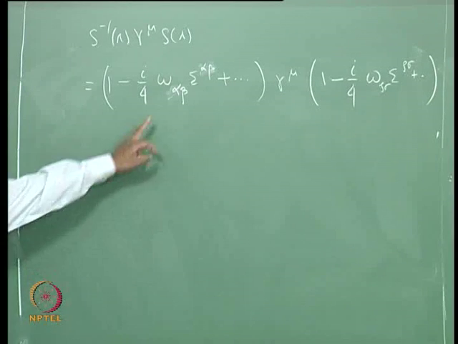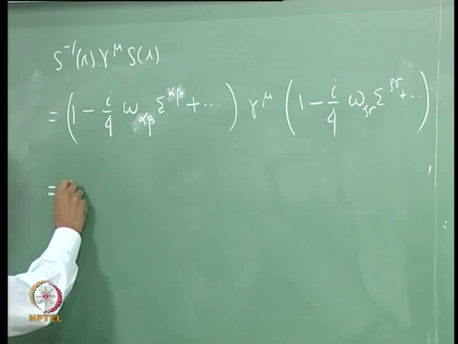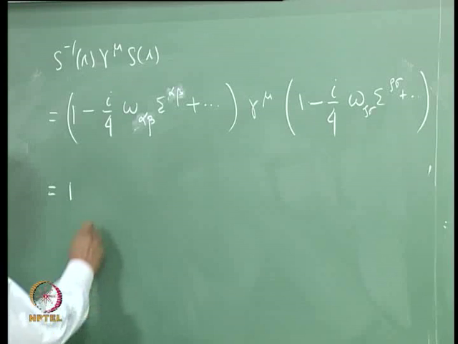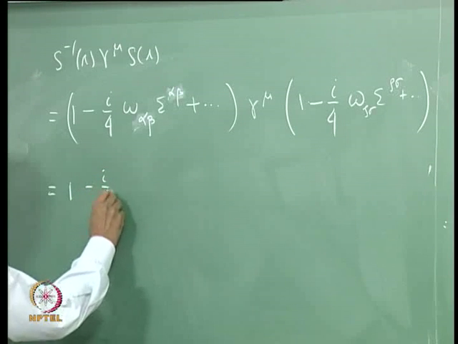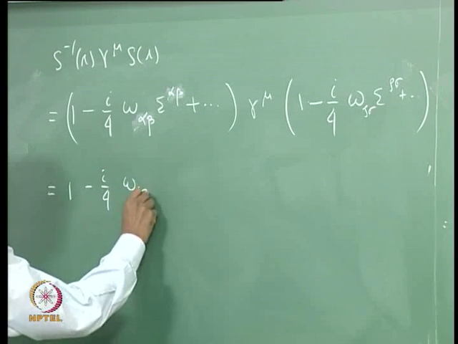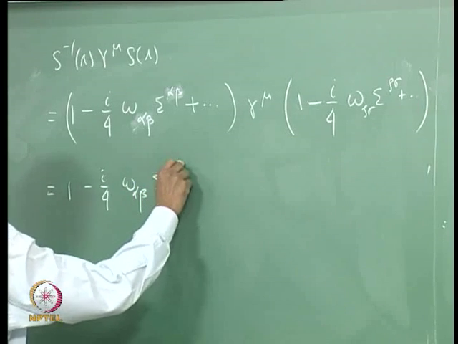So, to order omega this looks like 1 minus i over 4 omega alpha beta sigma alpha beta gamma mu.